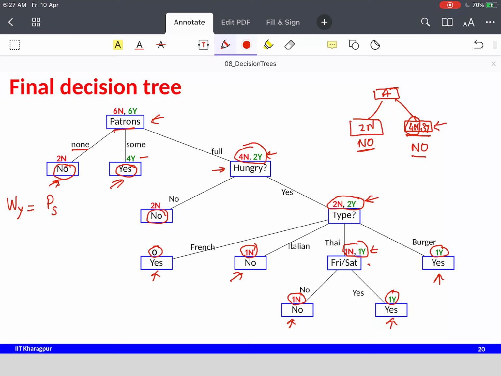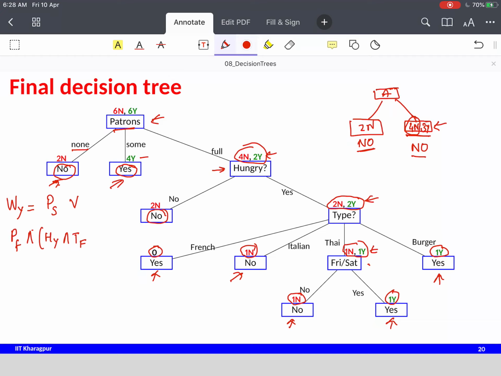My outcome will be yes if patrons has some, or patrons is full, logical AND, I have to check for hungry. If I am hungry, yes, then I have to check for the type.